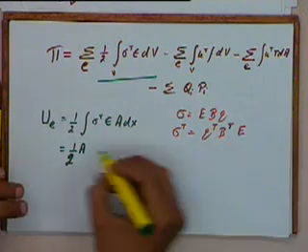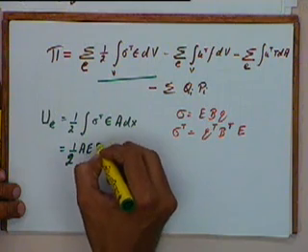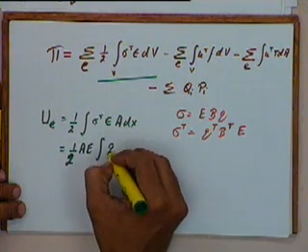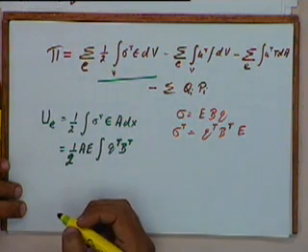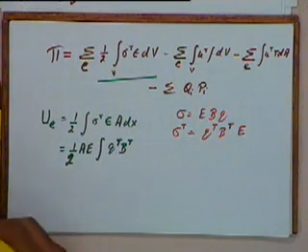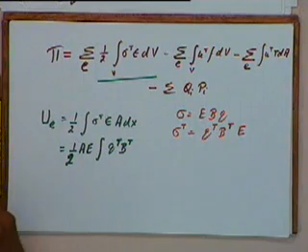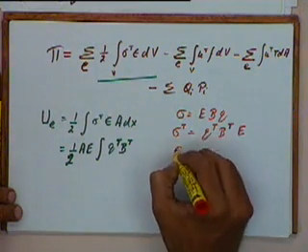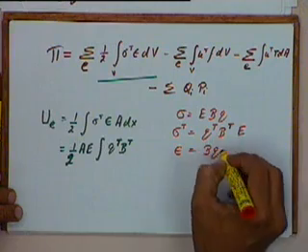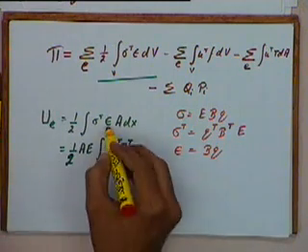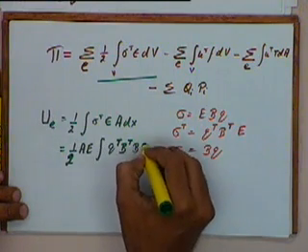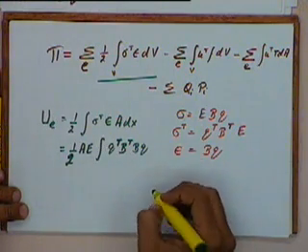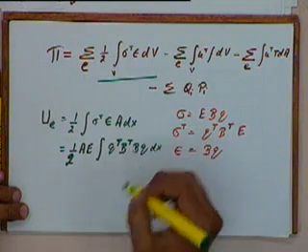I will take E out, integral of Q transpose B transpose multiplied by epsilon, where epsilon is equal to B times Q. So instead of epsilon I will put B times Q, multiplied by dx.